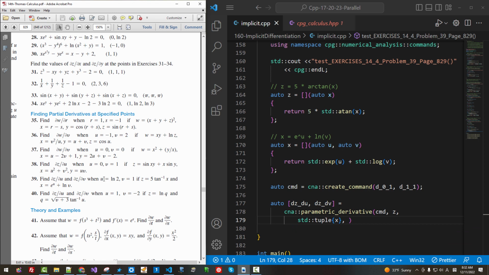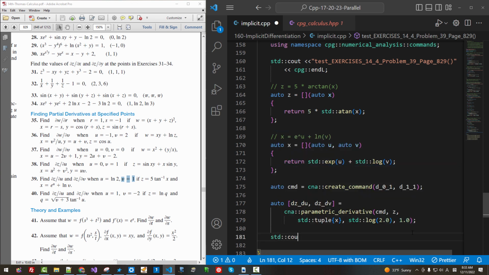Then it says u is ln 2, so std::log 2.0. Then v is 1, so 1.0.